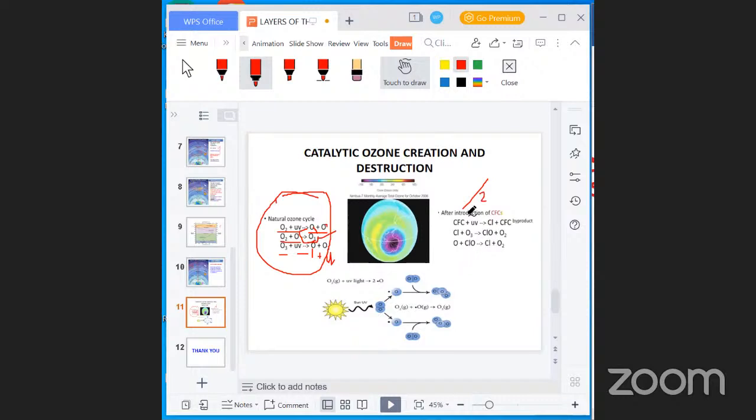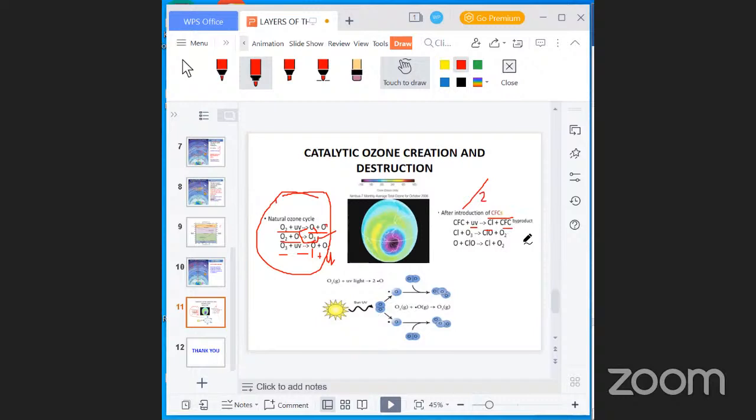Because remember, the chlorofluorocarbons react with ultraviolet and form different byproducts, independent charged particles, that is ion species like chlorine and others. So chlorofluorocarbons plus ultraviolet gives chlorine plus other compounds.